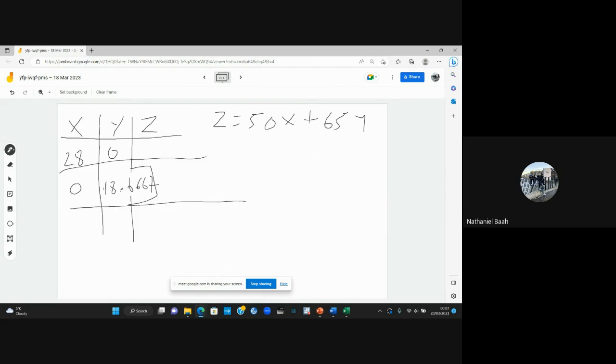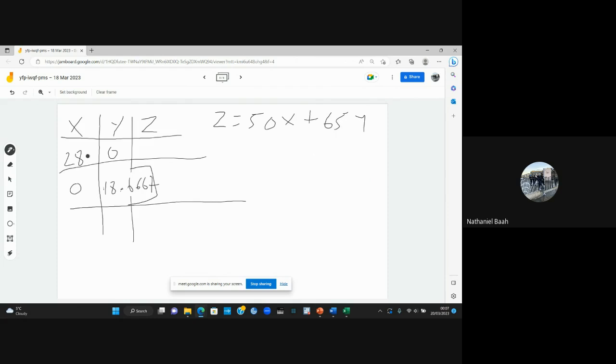So now let's identify the optimum point and the optimum value. That's the optimization value. So now let's put these values in the objective function.